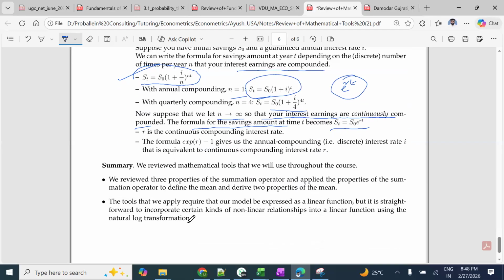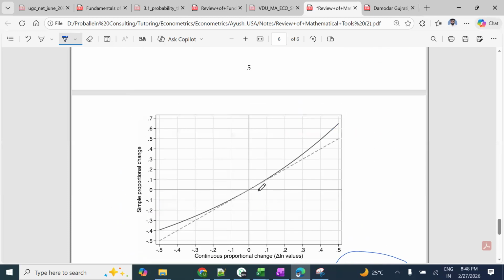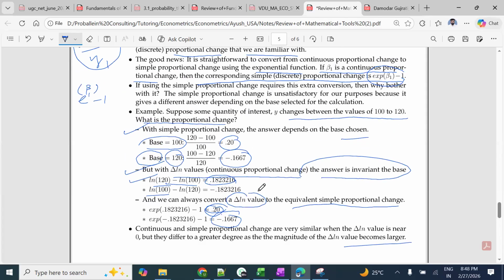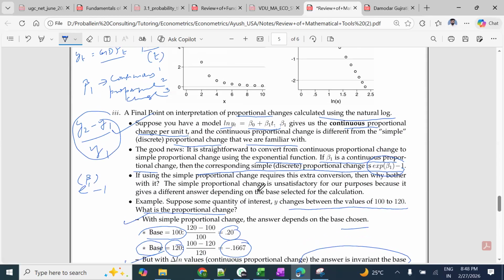I think this much is there. Constant elasticity we have already studied, right? Now we can do some practice.